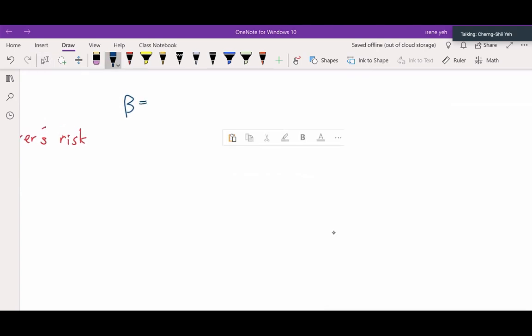Okay, beta is the probability of making a type 2 error. What is a type 2 error?